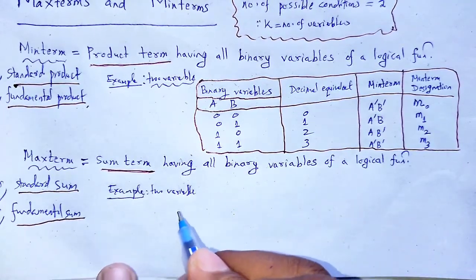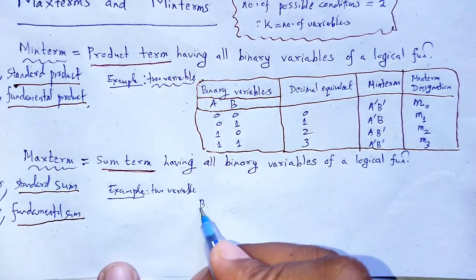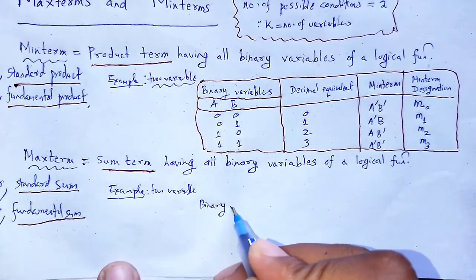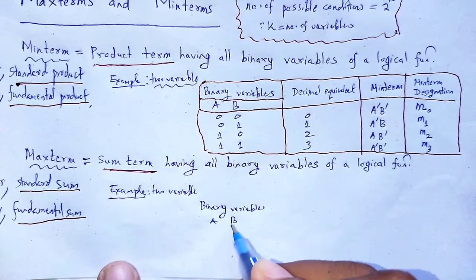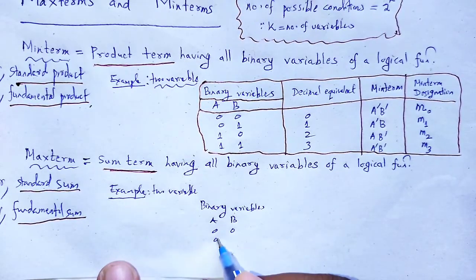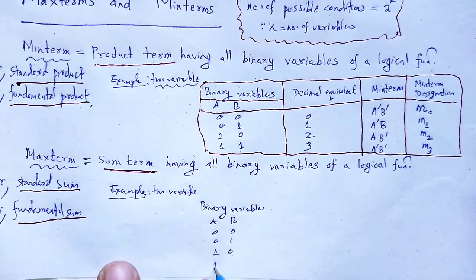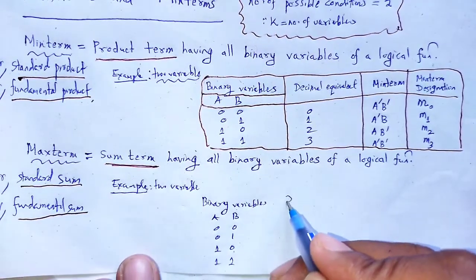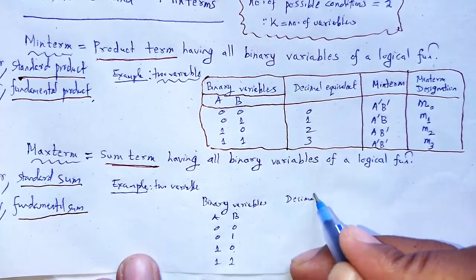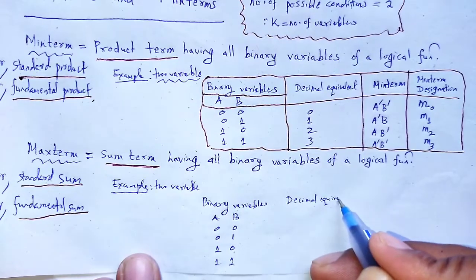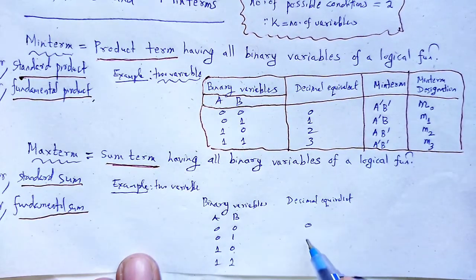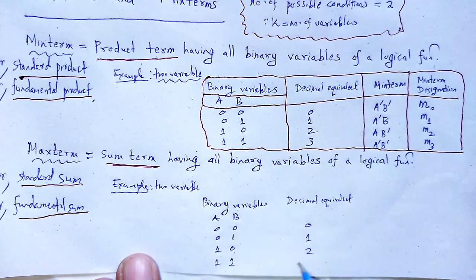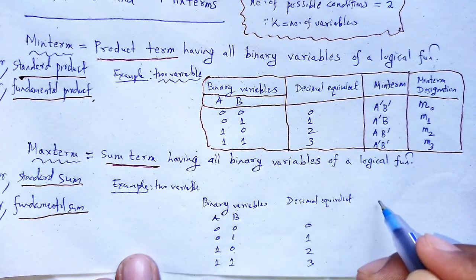Here we take the binary variables A, B as 0 0, 0 1, 1 0, 1 1, and the decimal equivalents are 0, 1, 2, 3.